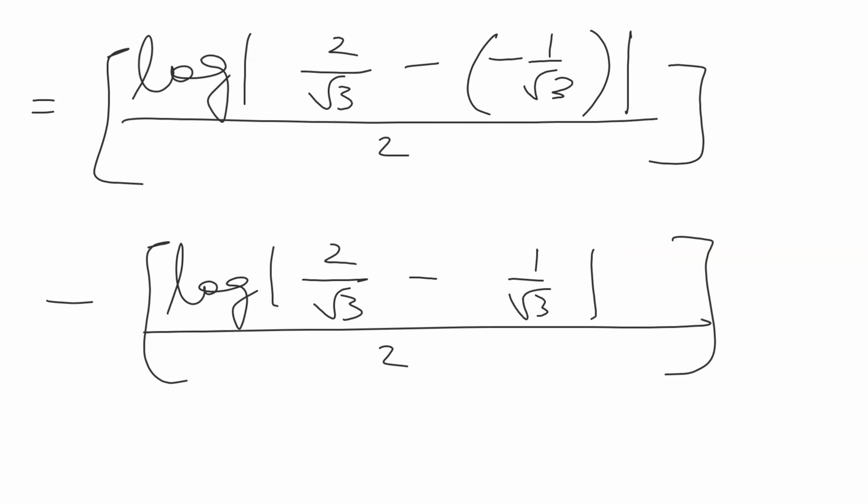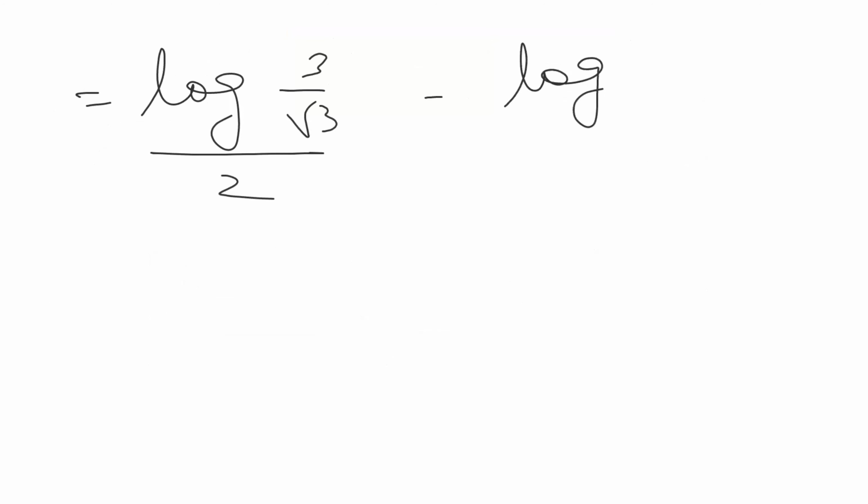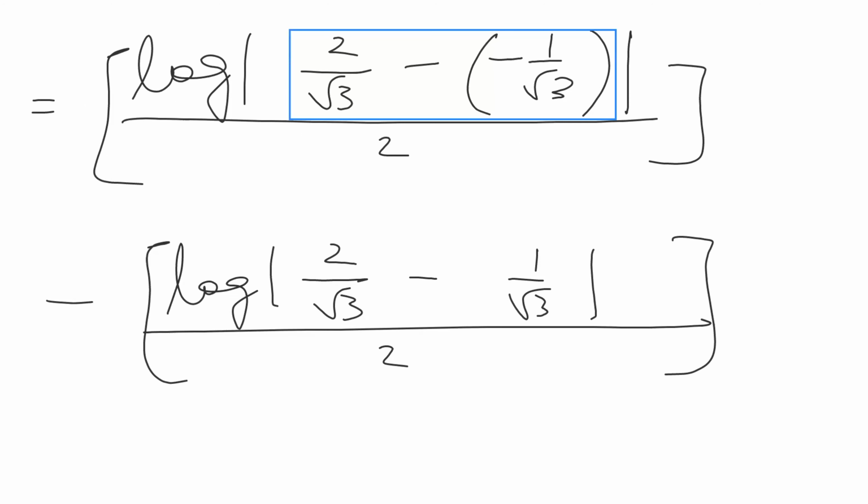Now, when I calculate the upper part over here, the calculation of this particular part is 3 by root 3. So I'll write log 3 by root 3 by 2 minus log the second bracket. The calculation of the second bracket will be 1 by root 3.